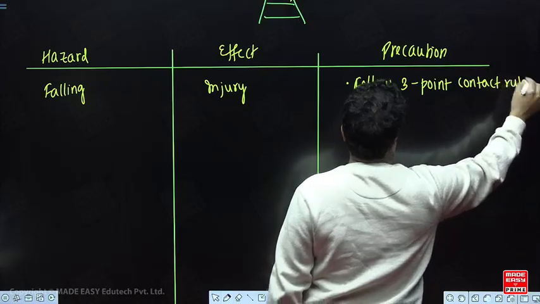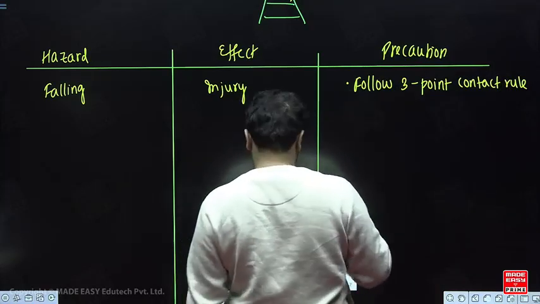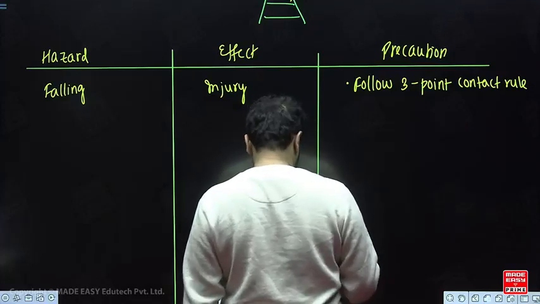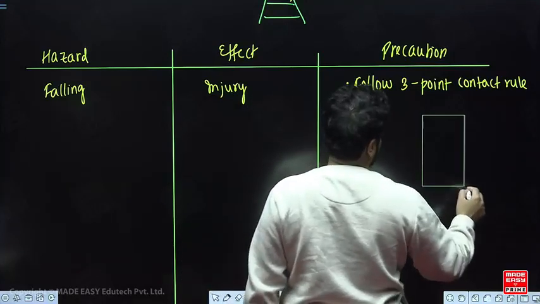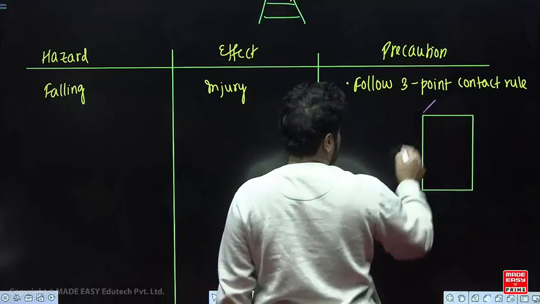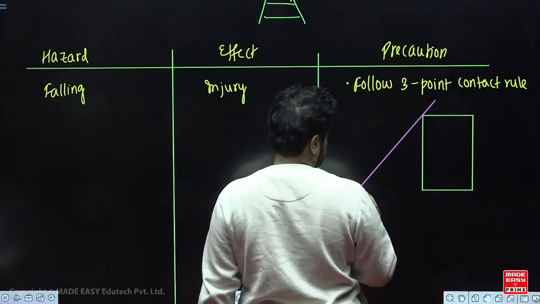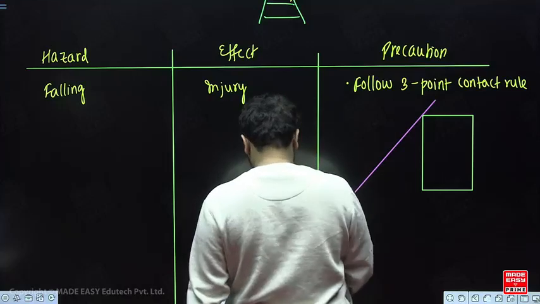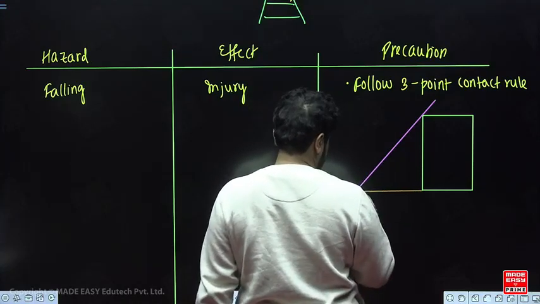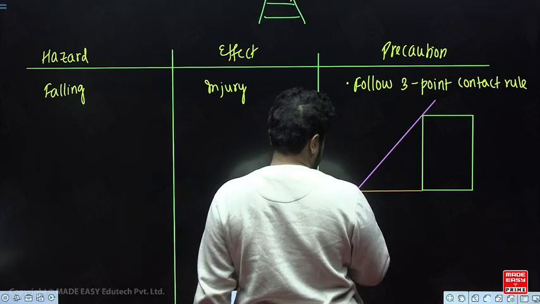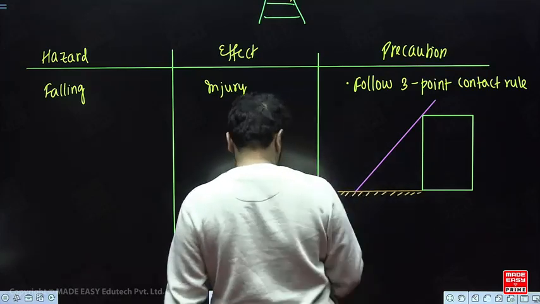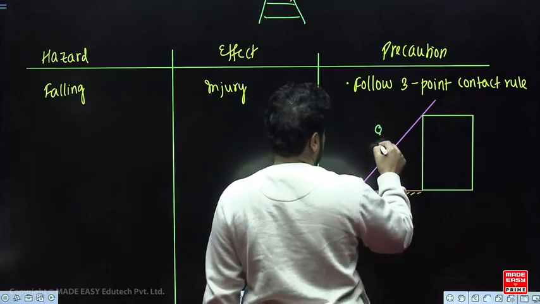What is the 3-point contact rule? So if this is the ladder, let us say this is the surface, always maintain 3-point contact.